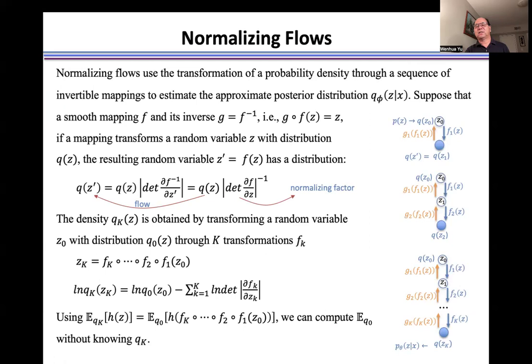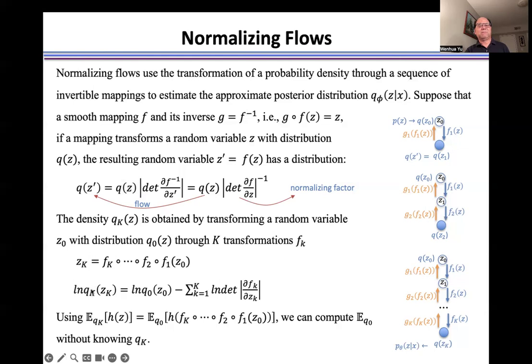However, in practice, we need multiple layers to get a final Q distribution at Zk, to better approximate the true posterior P. For example, using K transformations Fk, start from Q0, we get Zk, and then we substitute this Zk into the log variational distribution.